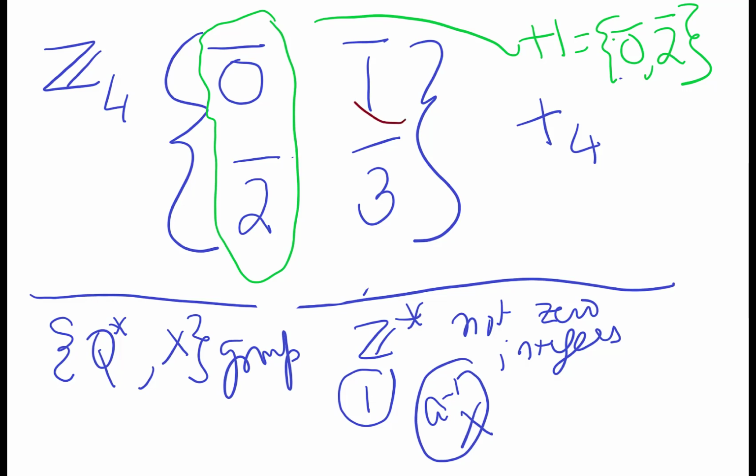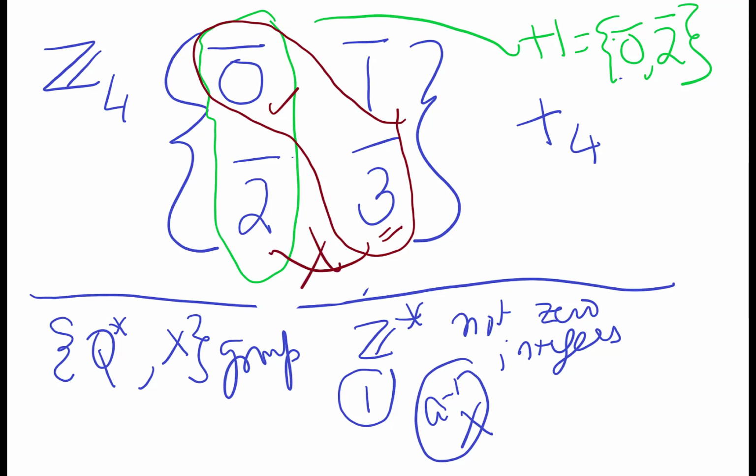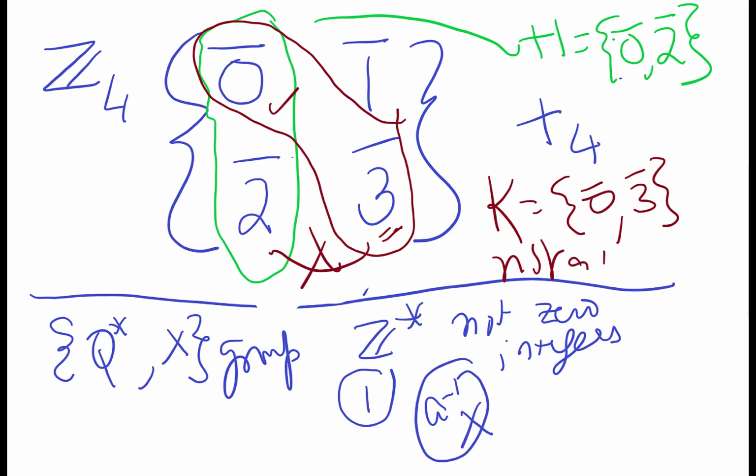On the other hand, if we took this, even though we are just choosing to keep the identity here, 3 plus 3 was a 2, and that did not live in here. So this is not a subgroup, right?